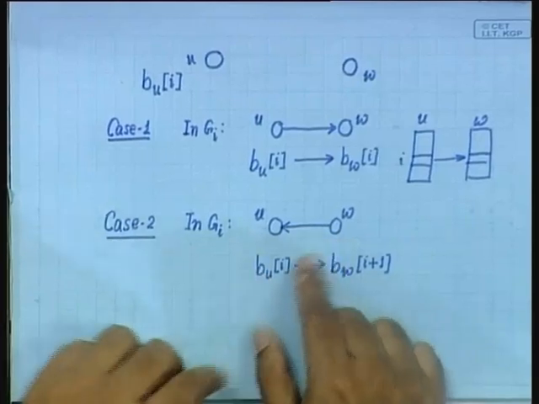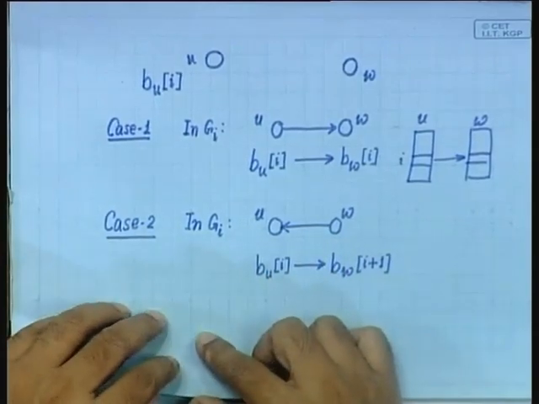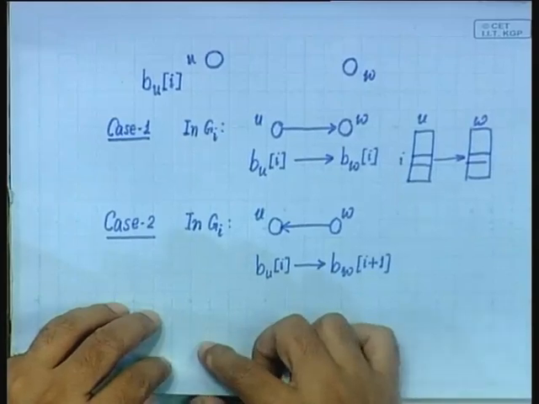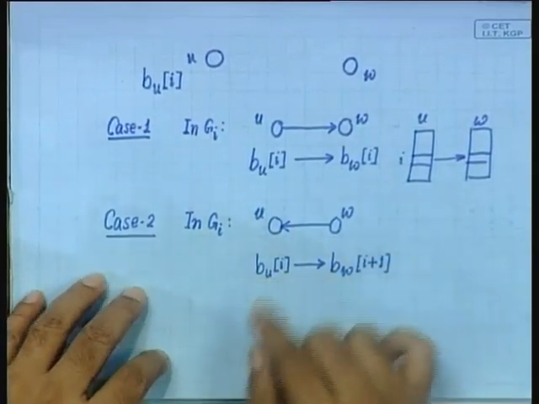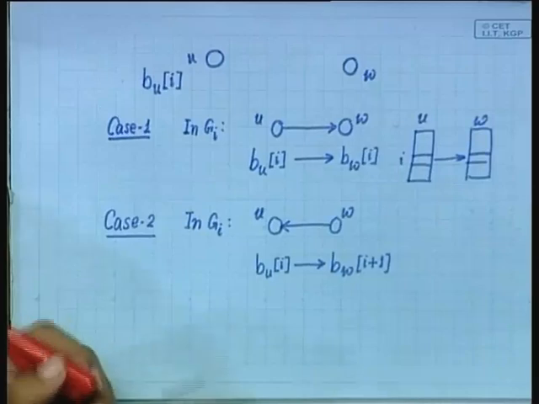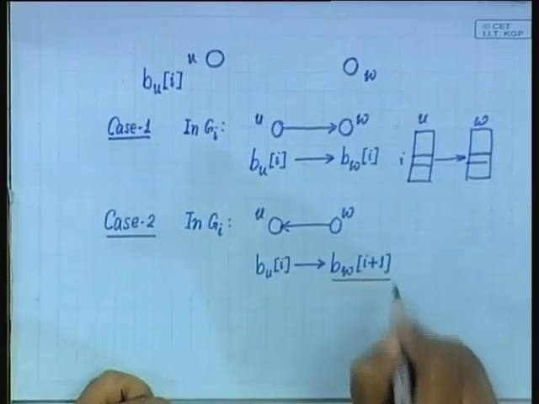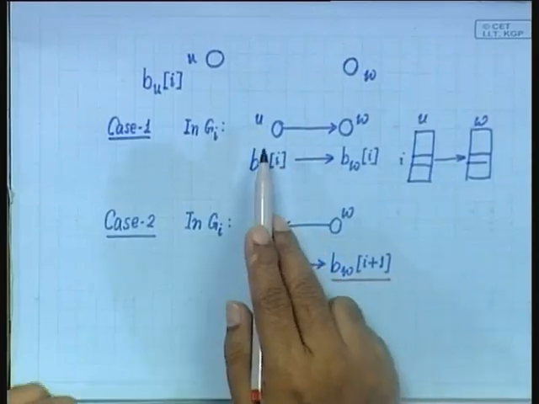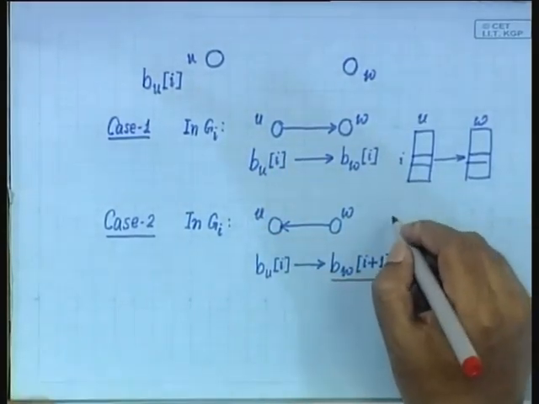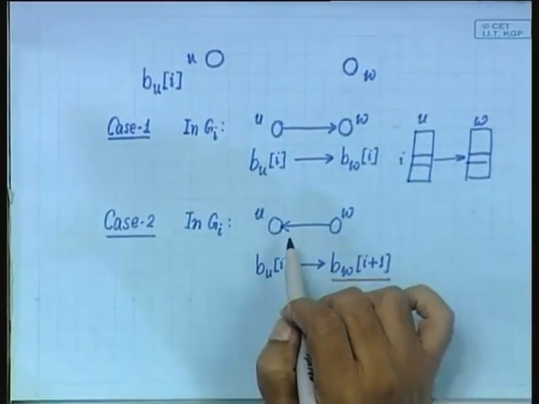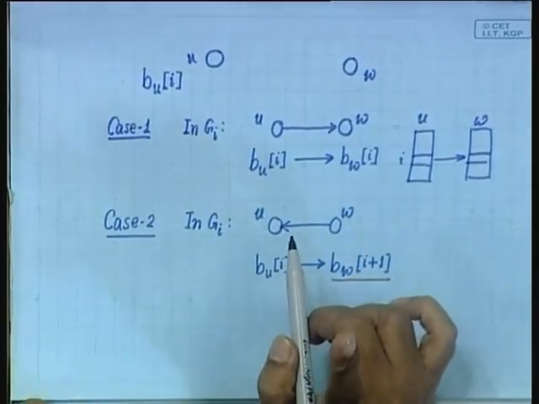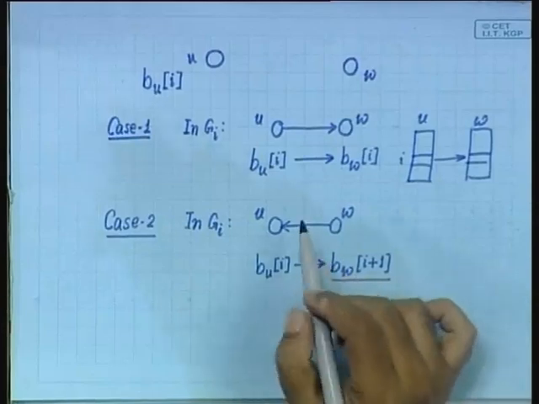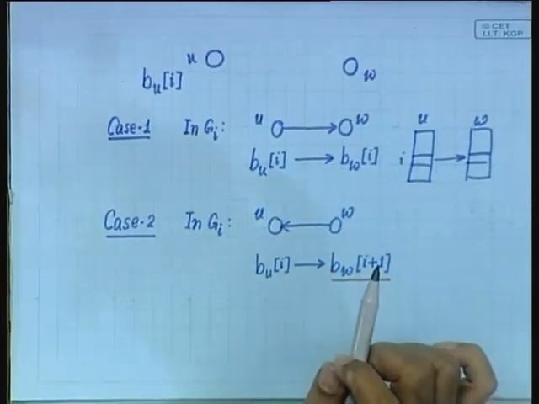right. If there is a path in let's say gi plus 1, then we should be forwarding it from bu i plus 1 to bw i plus 1 at that plane itself. Now, see, the interesting thing is that we did bw i plus 1 here, right. Because the second plane, that is gi plus 1, may not have the edge from u to w, okay.